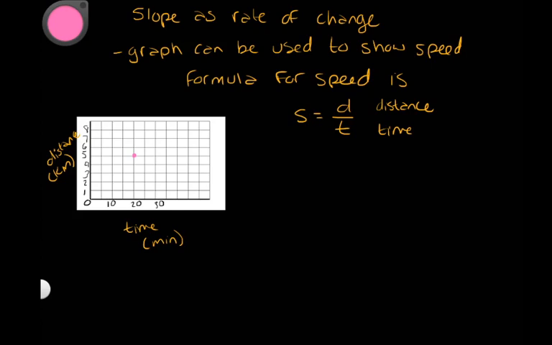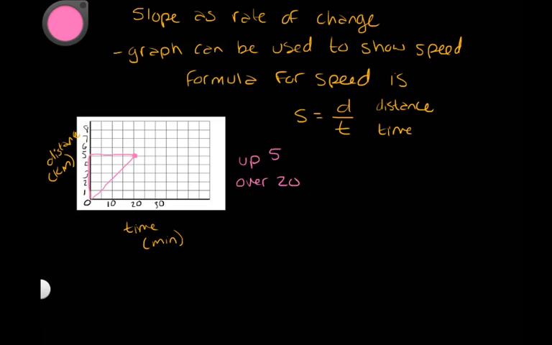So starting at 0, following this line all the way up to this point where I've drawn the dot a little bigger. So to find the slope of this data, we are going up from 0. How far are we going up? We're going up by 5 and over by, what does our graph at the bottom read? 20. So this goes up 5 over 20.